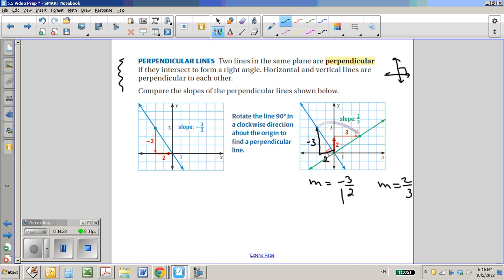It used to be negative, and now it's positive, so that's going to be opposite. And my fraction switched, or it's called the reciprocal. So when your numerator goes in the denominator, so it goes to the bottom, and the denominator goes to the numerator, that's a reciprocal. So opposite reciprocal.